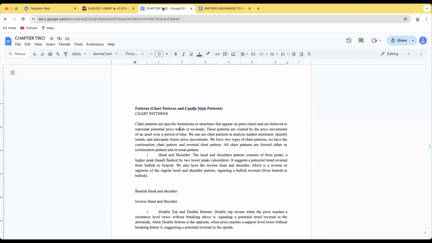Chart patterns are specific formations or structures that appear on price charts, and are believed to represent a potential price trend or reversal. These patterns are created by price movements of an asset over a period of time.